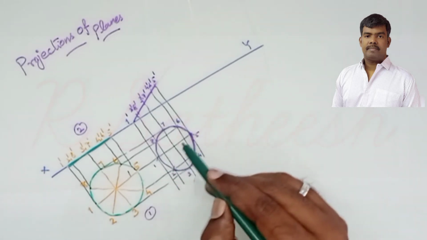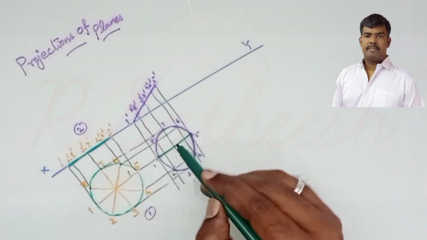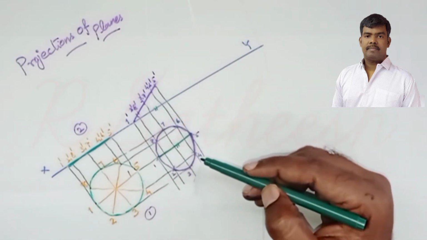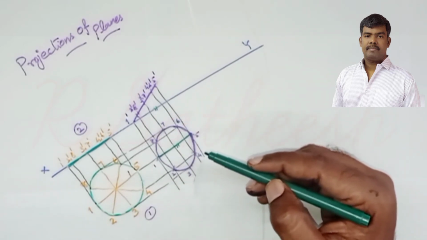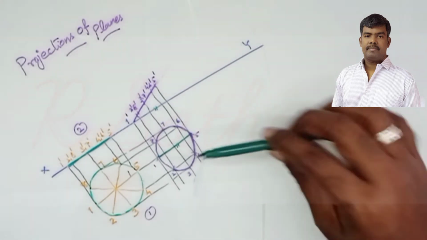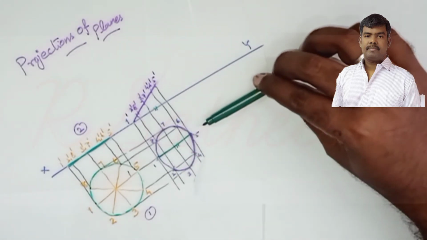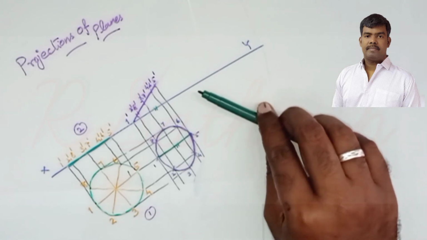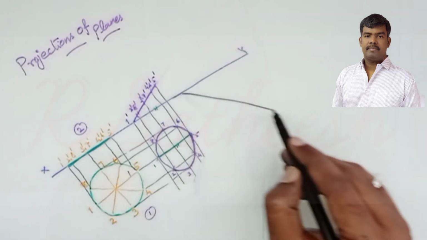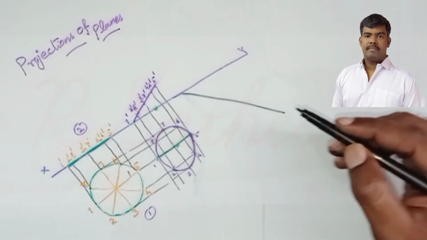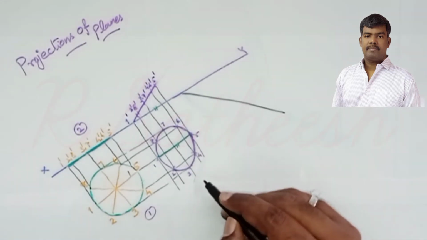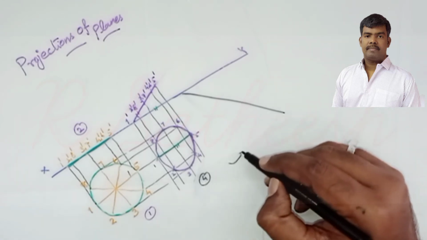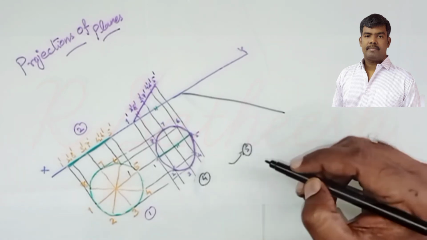Therefore, the diameter passing through that point is 1, 5. Here 1, 5. Now the 1, 5 line is parallel to VP. But we need it 45 degree inclined to VP. Clear? So therefore, the diameter line that is parallel to VP we now want to tilt 45 degree inclined to VP. So finally we get the fourth diagram. Now the fourth diagram and fifth diagram are both the same shape and size.